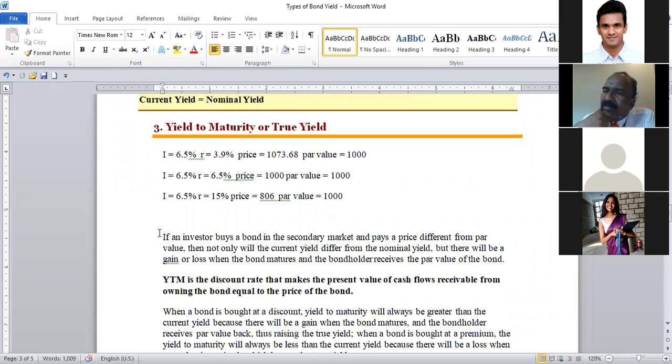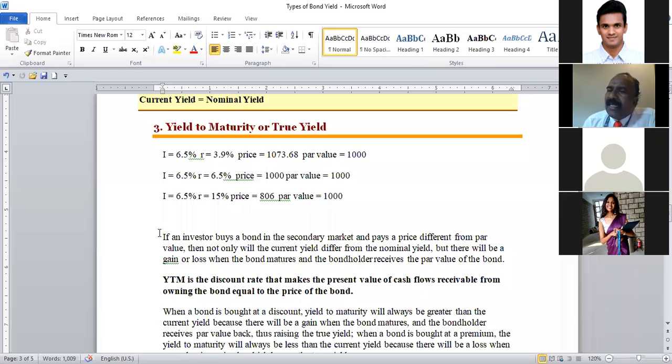You got the left-hand side answer, 1073.68. Now 1073.68 is given, but the yield is not given; at what yield are both equal?